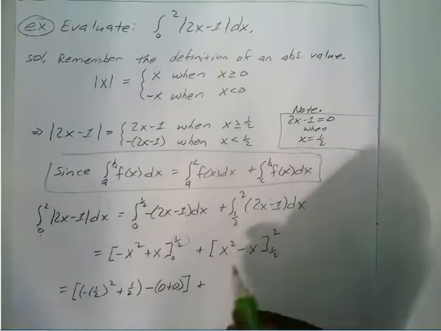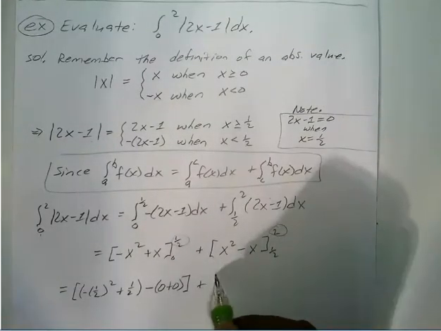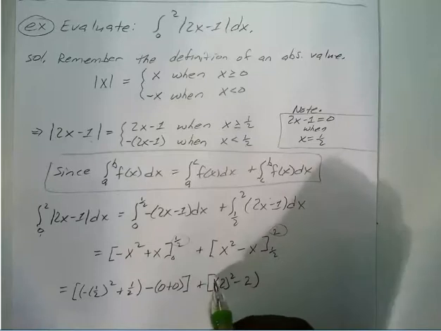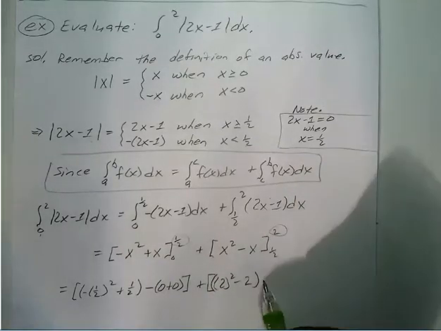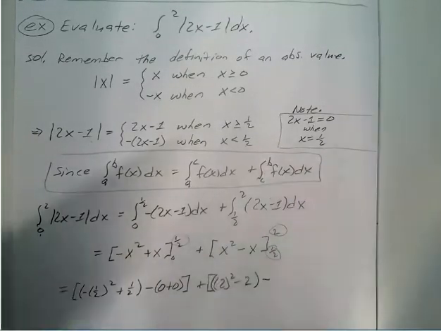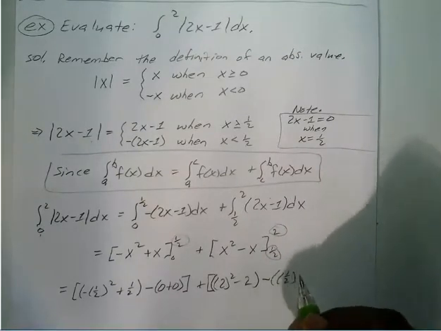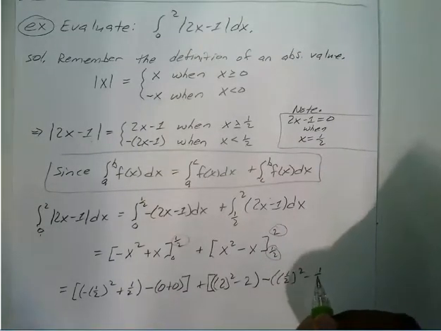Plus, plug in our 2. So you have 2 squared minus 2, minus, now we plug in our 1/2: 1/2 squared minus 1/2.